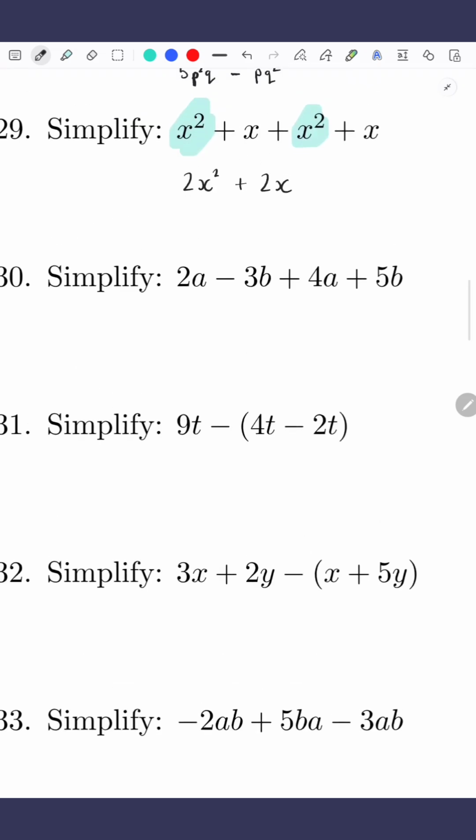Okay, simplify this. We have to look at like terms again. So we've got the a's, and then we've got the b's. And there are 2 of these a's, so 1, 2, and there are 4 of them over here. With the b's, we've got -3 of them, so like a debt of 3. But then we've got, let's use the color, 5 over here.